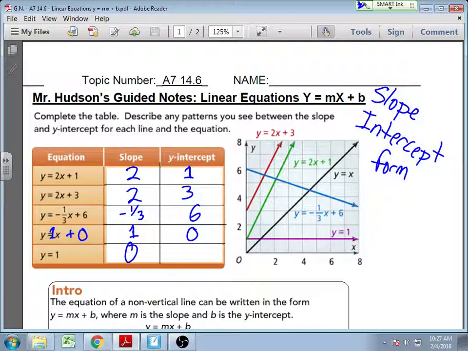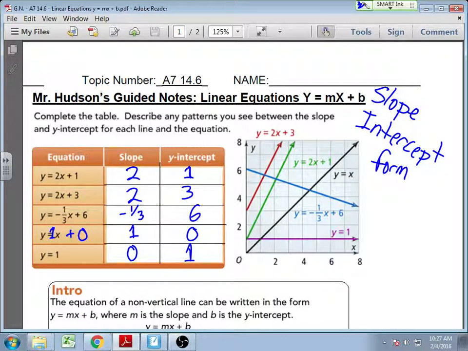So my slope here is actually 0, which means it's what kind of line? Is it vertical or horizontal? Horizontal. Horizontal has no slope, or rather a slope of 0. Vertical has an infinite slope, which we cannot define. And my y-intercept then would be 1, because it's the constant value.